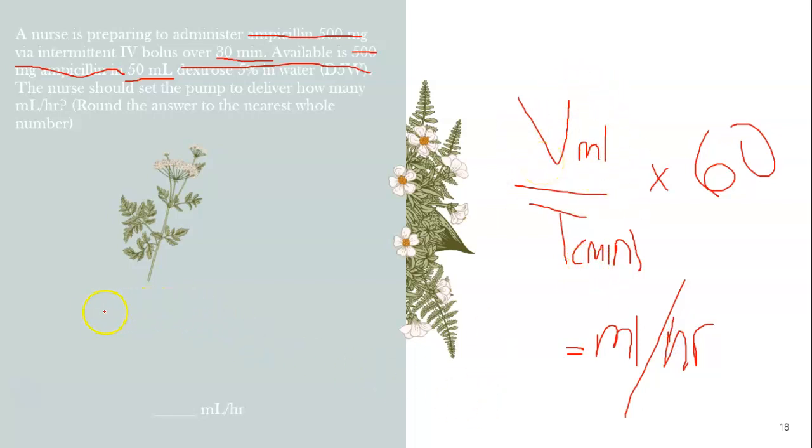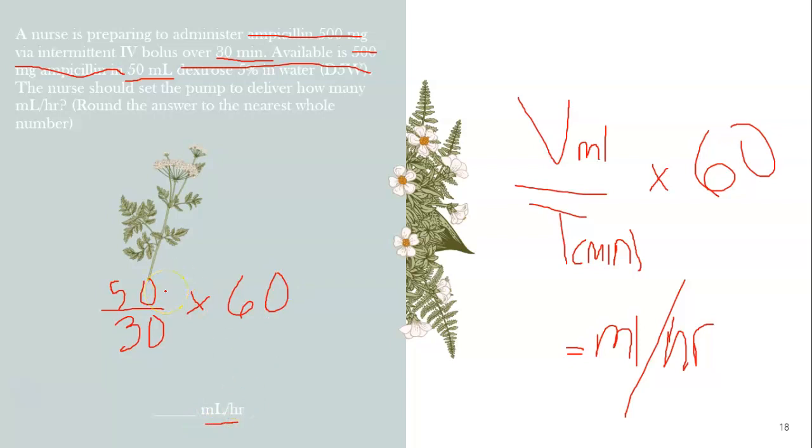Okay? So let's go. They want 50 milliliters to disappear in 30 minutes. And I want to change that 30 minutes into an hour because my pump runs on mils per hour.